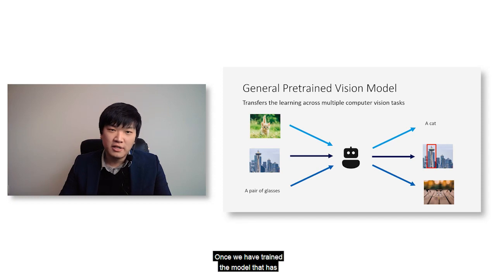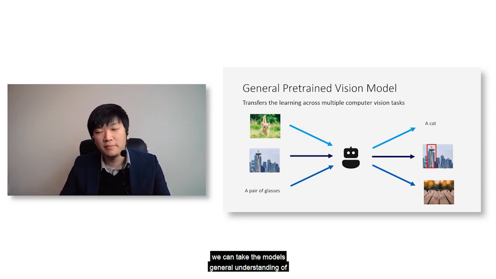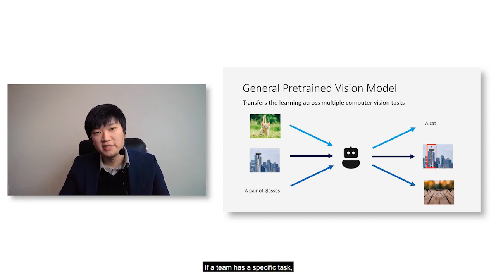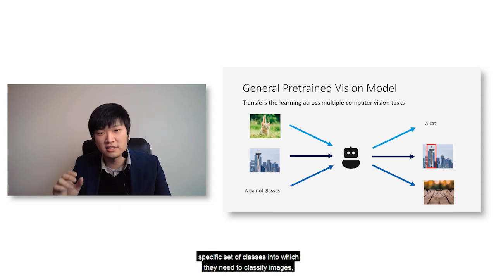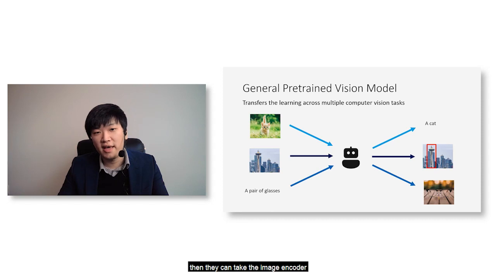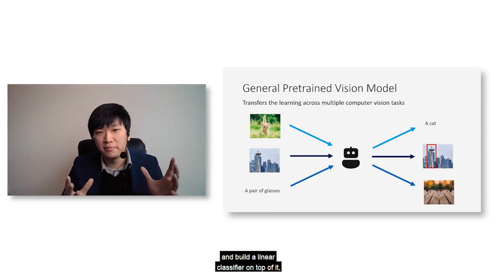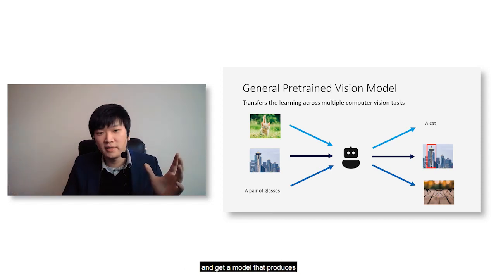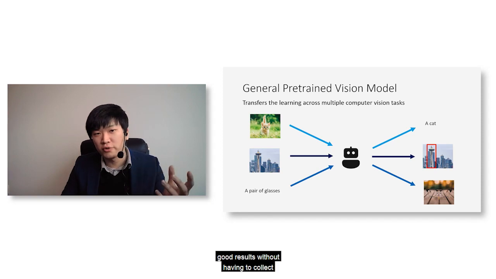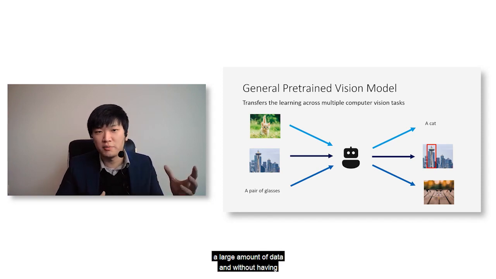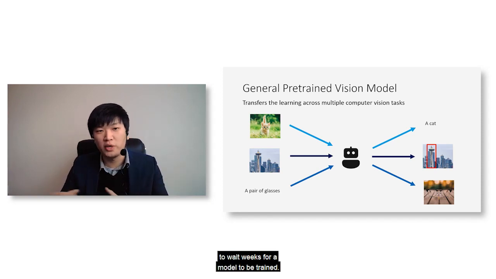Once we have trained a model that has a powerful representational capability, we can take the model's general understanding of the visual world and apply it to any computer vision task. If a team has a specific set of classes into which they need to classify images, then they can take the image encoder and build a linear classifier on top of it, and get a model that produces good results without having to collect a large amount of data and without having to wait weeks for a model to be trained.